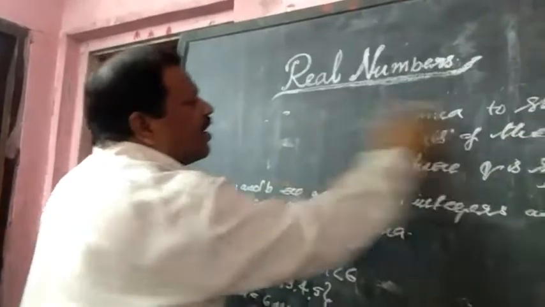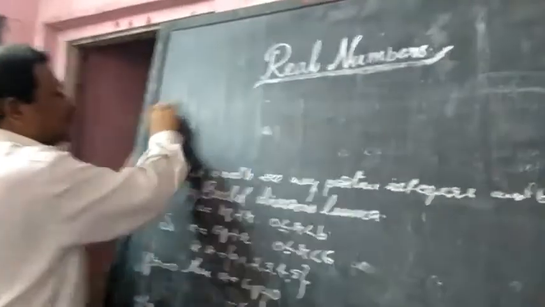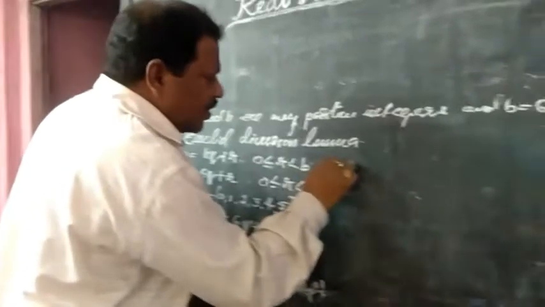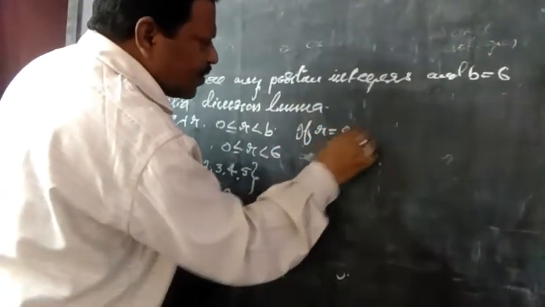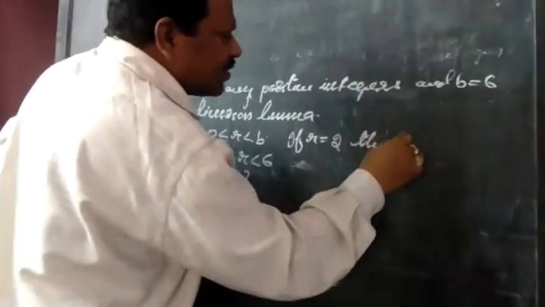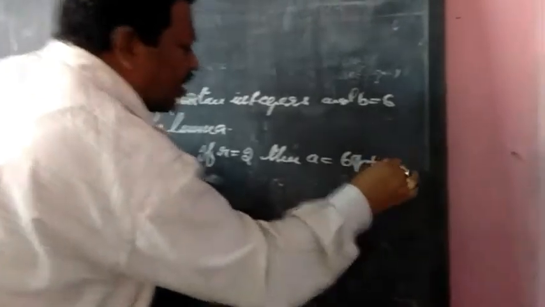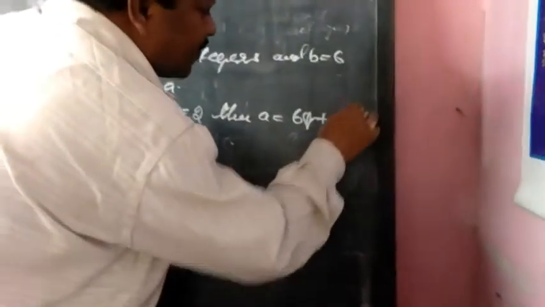If r equals 2, then a equals 6q plus 2. Already clear, 2 is a factor, so it is even.